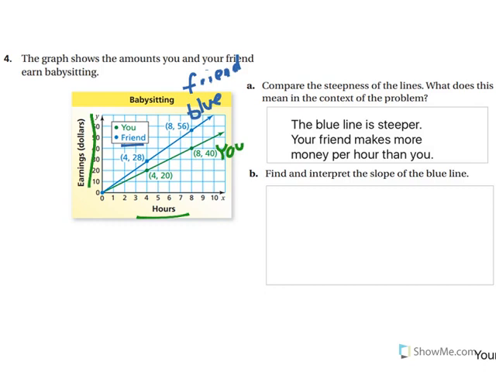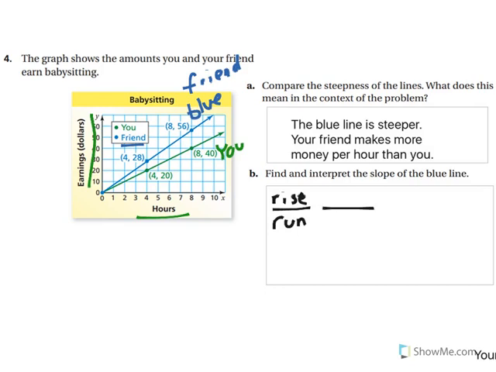Now for part B, it says find and interpret the slope of the blue line. Well, let's first look at what our slope is for the blue line. Again, this is rise over run, right?